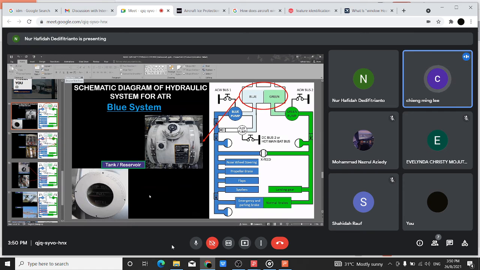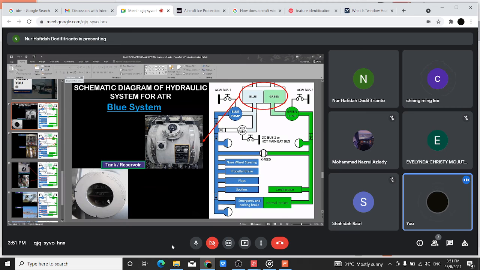The fluid will expand when it's hot. The reservoir also has a relief valve to relieve excessive pressure, at the cap there. So normally we don't fill it to full in case this happens. There's always a relief valve at the filler cap.